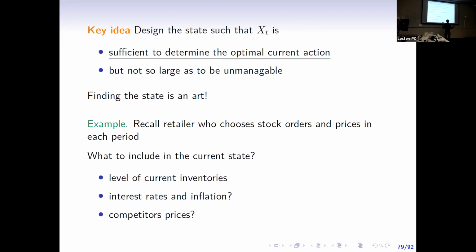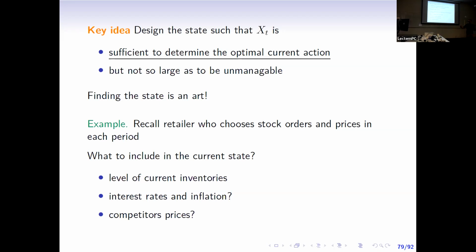If I'm trying to work out, let's take a retailer, for example. I had an example earlier in the slides, which I didn't cover, of someone trying to manage inventory. Think about what they need to know to decide their inventory for their items. We're going to pack all of that into the current state.